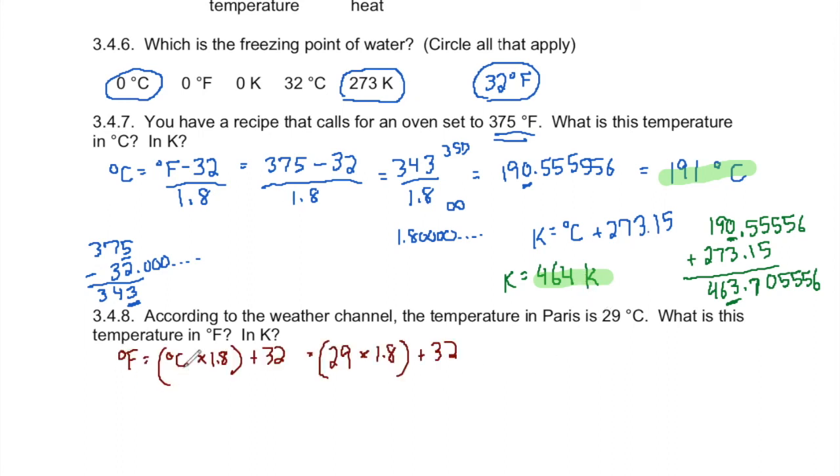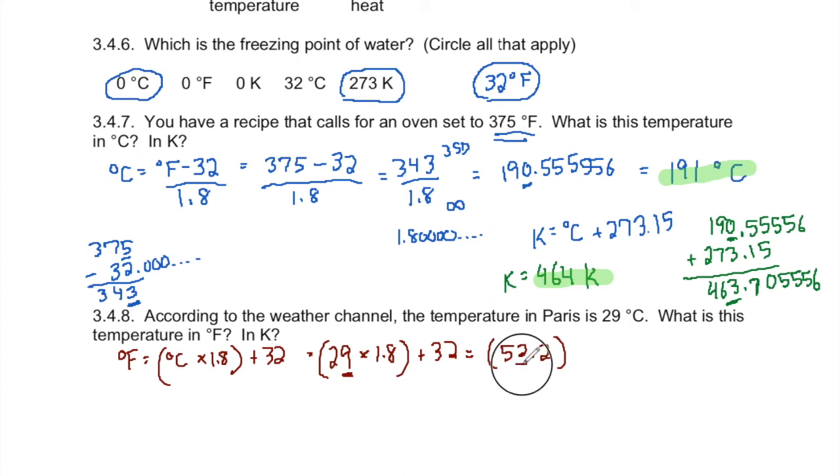So for this next one, to get degrees Fahrenheit, we need to multiply our degrees Celsius by 1.8 and then add 32. So 29 times 1.8 plus 32. Our 29 has 2 significant digits. It's known to the ones place. These other factors are both exact.